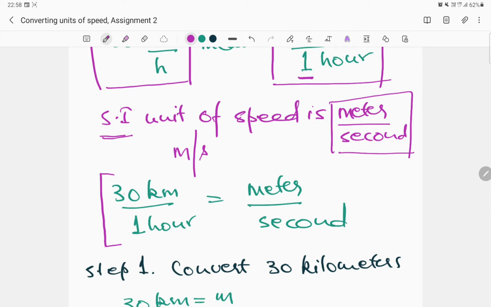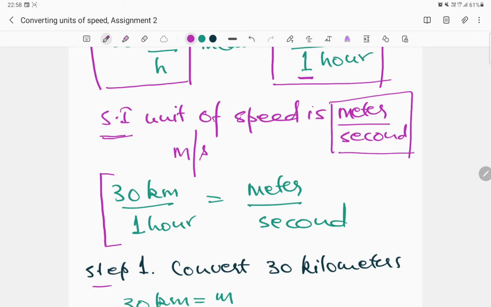So we are going to convert 30 kilometers in 1 hour to meters per second. If something is traveling 30 kilometers in 1 hour, how do we describe the same speed in meters in 1 second? How many meters in 1 second is an object traveling if the object is traveling at 30 kilometers in 1 hour? This is our goal.